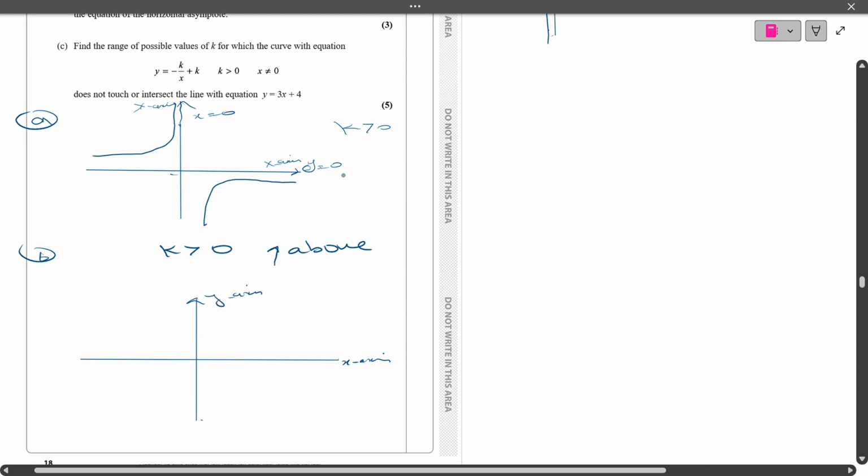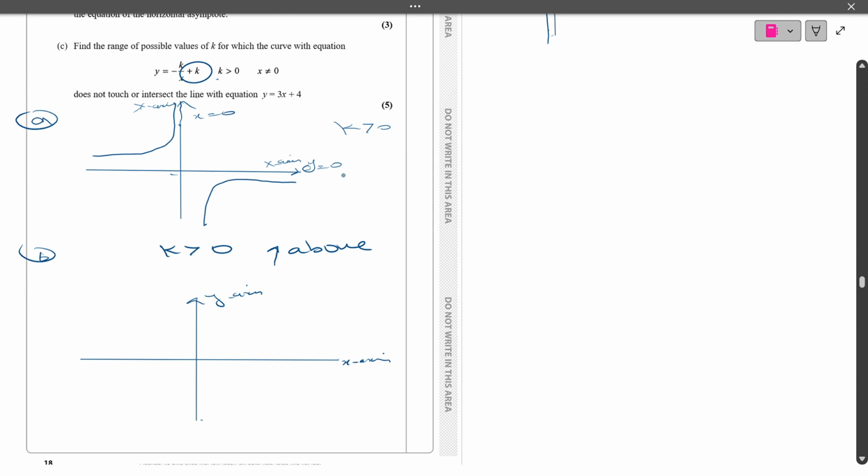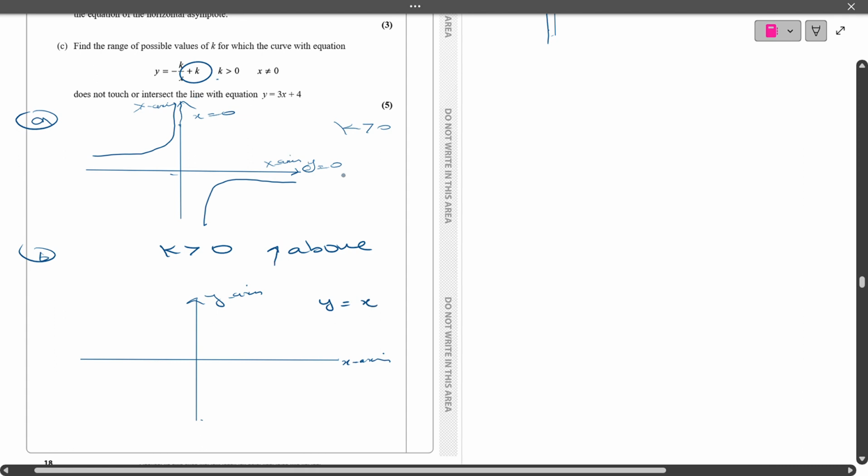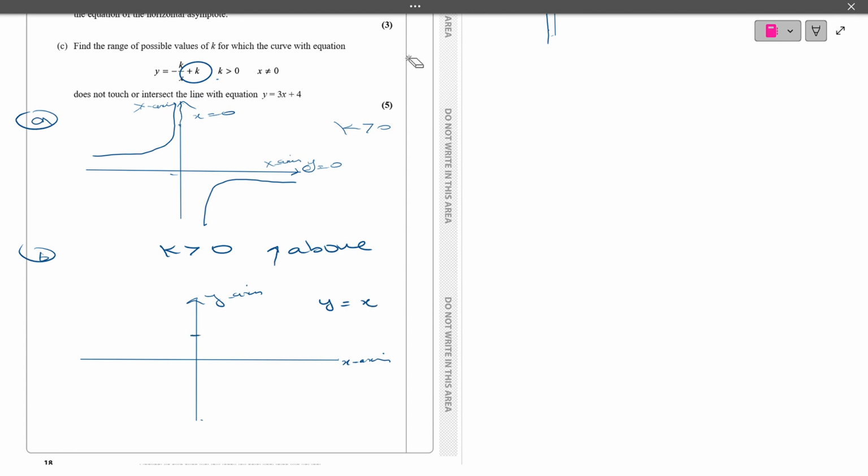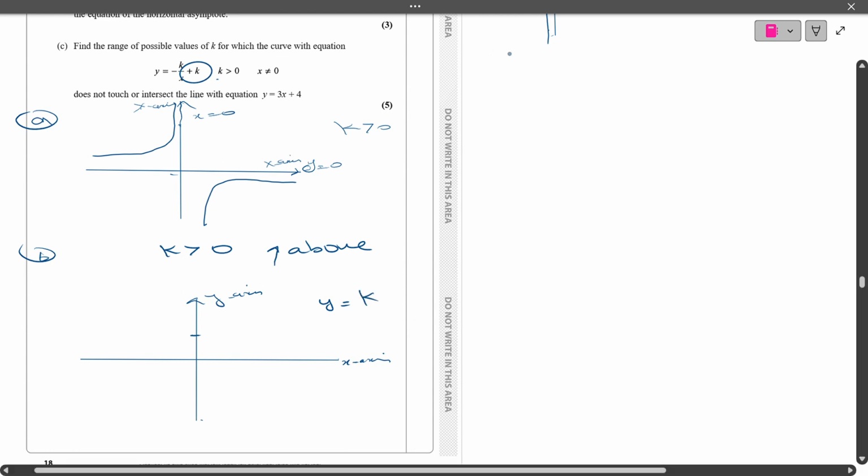Because the graph is shifted above, there is a vertical shift, so it means I have an asymptote at y equals k. Let me rewrite. This is k. So I draw here a horizontal asymptote at y equals k.